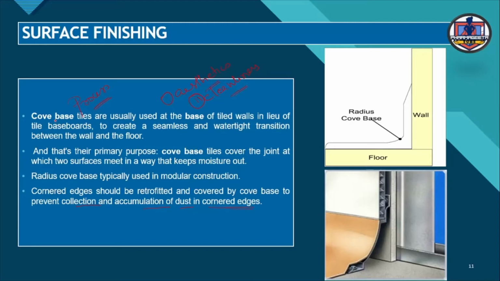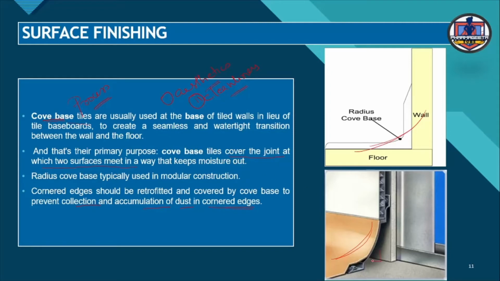of the flooring, you may have observed that cove base tiles, what I am saying here, are usually used at the base of the tile walls in lieu of tile boards to create a seamless and watertight transition between the wall and floor. Here you can see accurately, and that's their primary purpose. They cover the joint at which the two surfaces meet in a way that keeps moisture out.